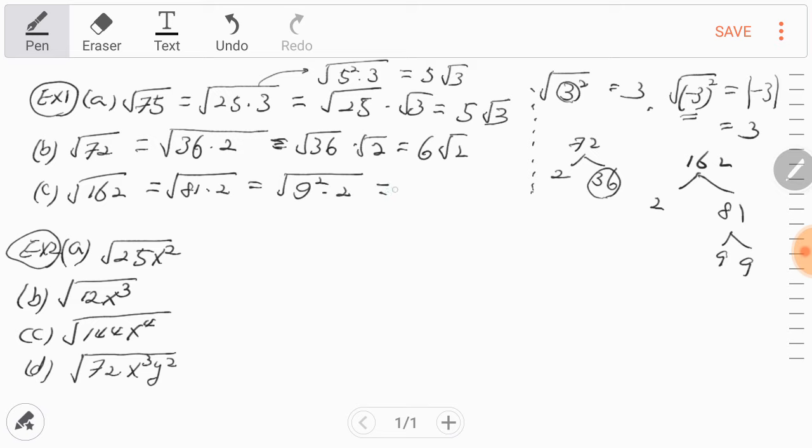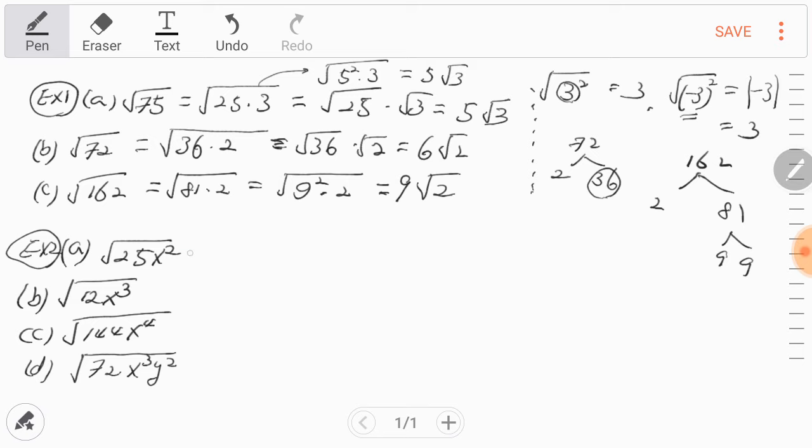In this case, we don't have to separate the factors because you can just take the 9 out, since 9 has exponent 2. So you take the base 9 out, then square root of 2. The square root of 2 does not have a power of 2, so it stays there.